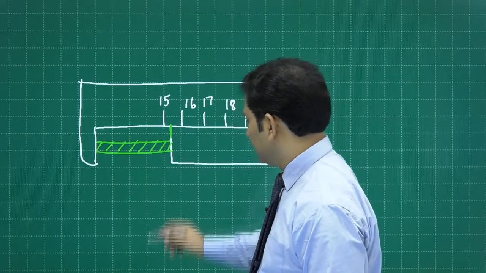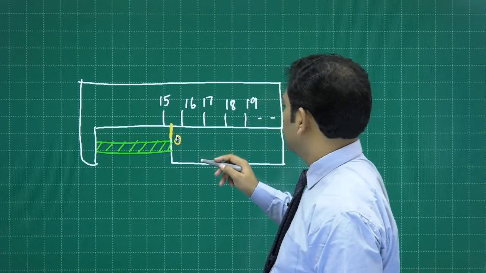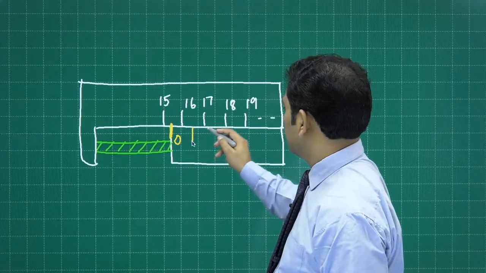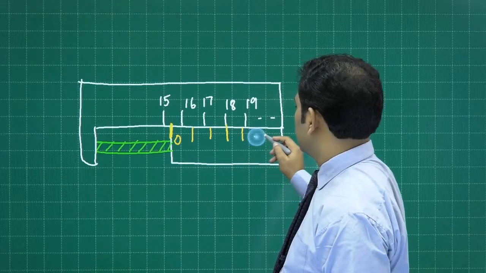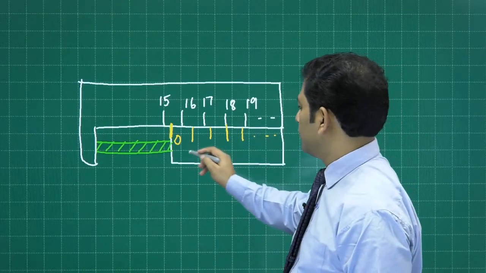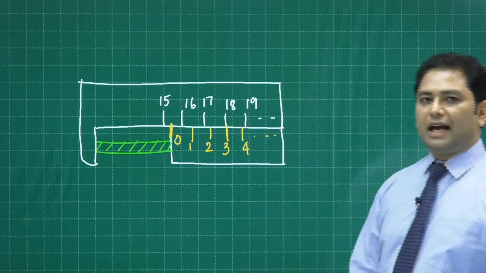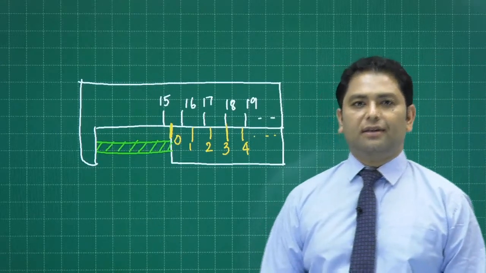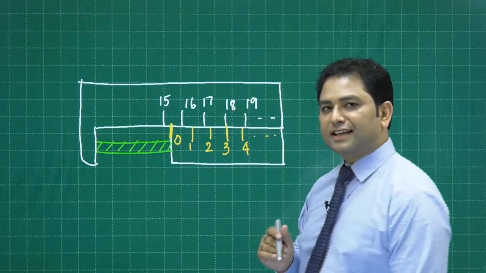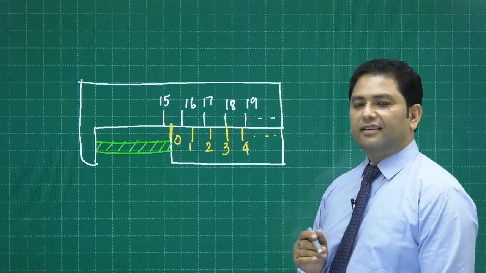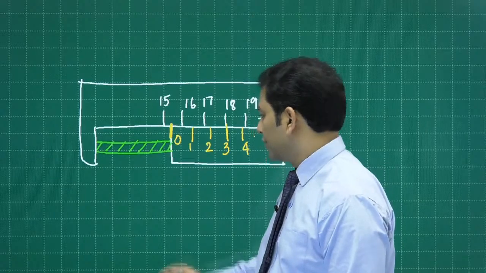And let us say the vernier divisions, let me show that. Here is the 0 of vernier, 1, 2, 3, and so on. Now have a look very carefully. How do we do the readings? This is the main scale, this is the vernier scale, and I wanted to find the length of the object.